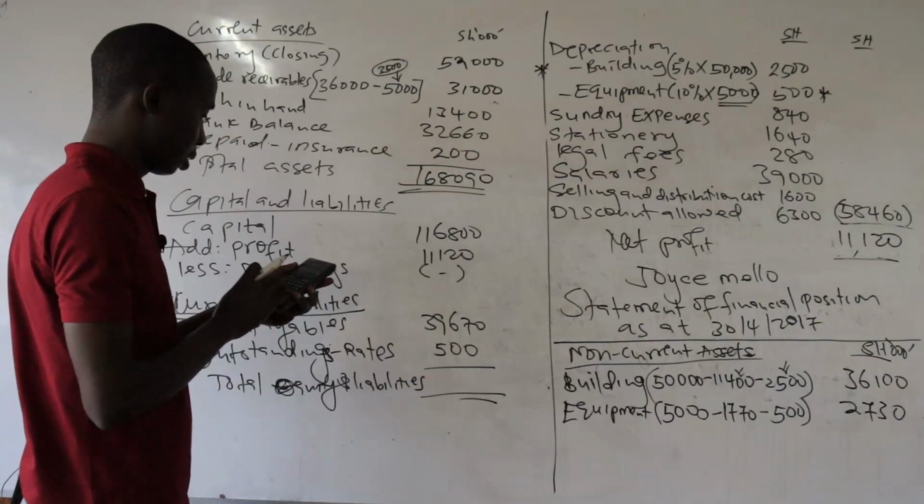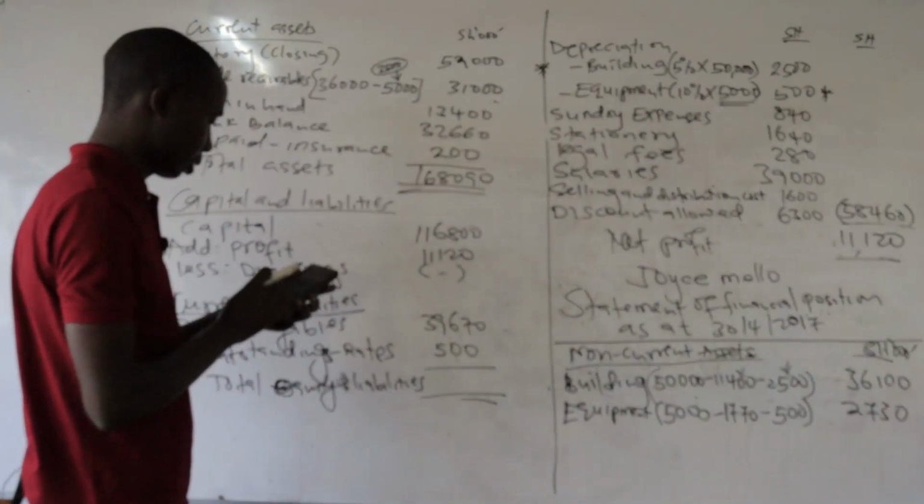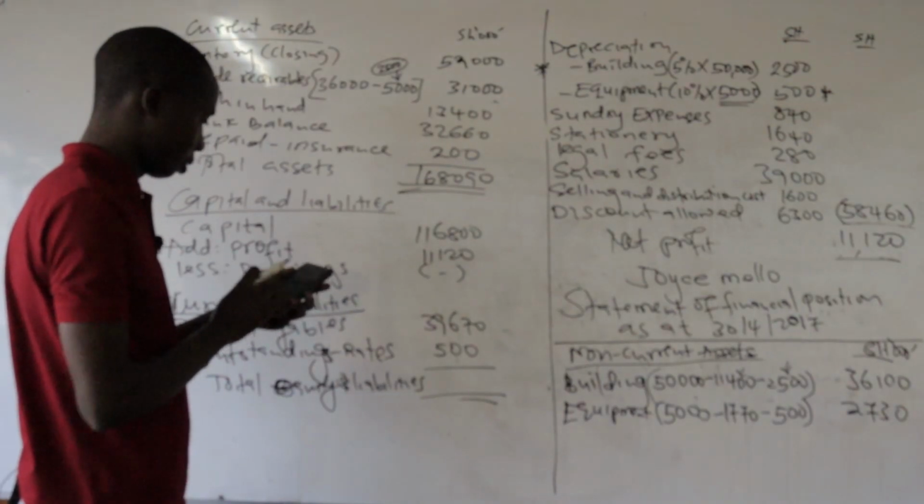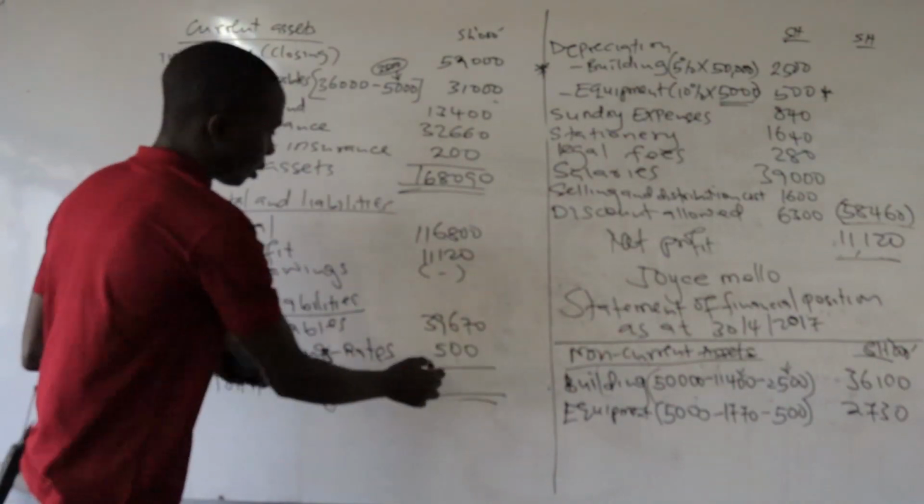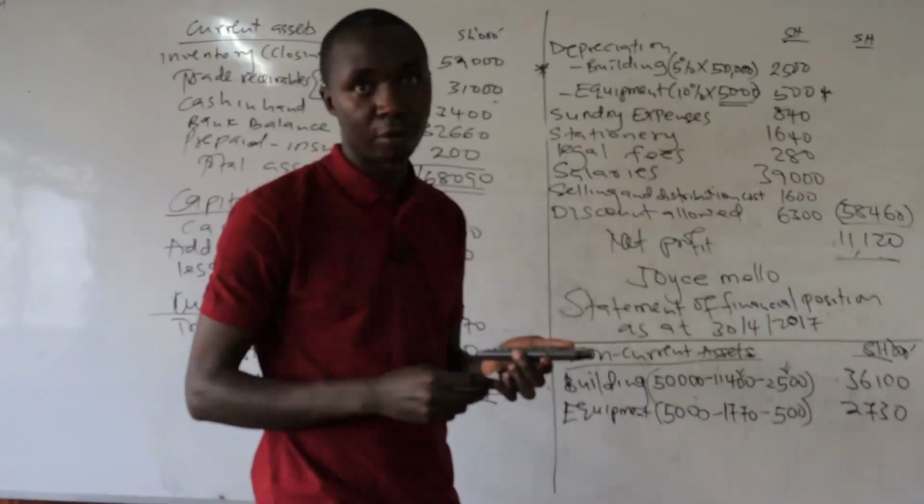And 116,800 plus 11,120 plus 39,670 plus 500 is also 168,090. So that is how you were supposed to do this question of a sole trader.